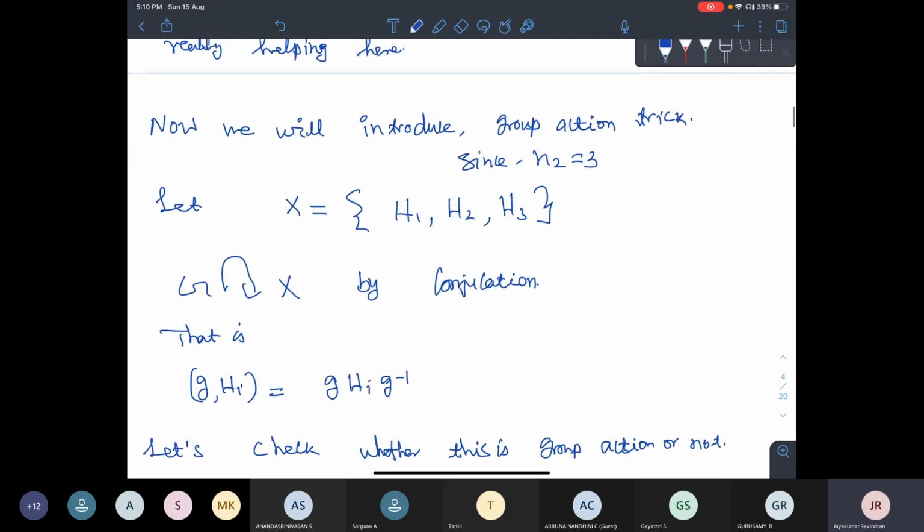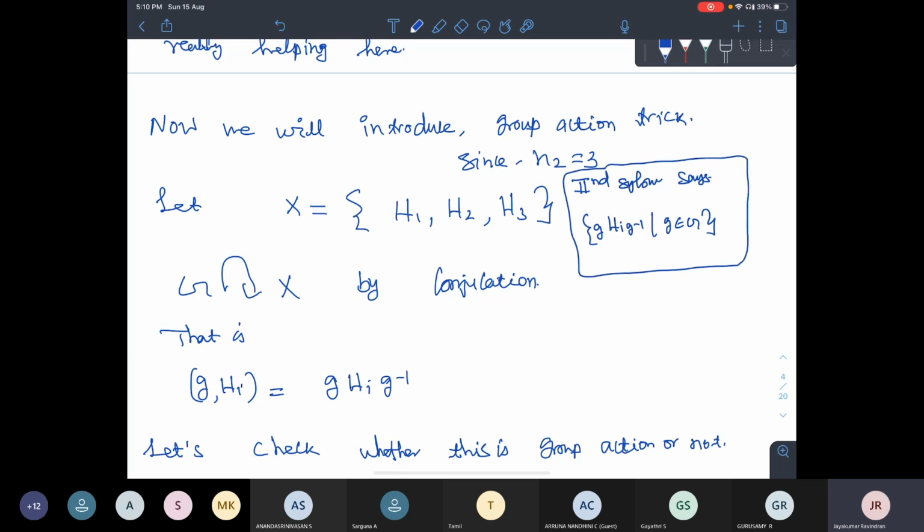What does the second Sylow theorem say? Second Sylow says, when you have an Hi, then g Hi g inverse, g varies over G, these are all the Sylow p-subgroups. All Sylow p-subgroups. That's what the second Sylow theorem says. That's what I'm using exactly here.